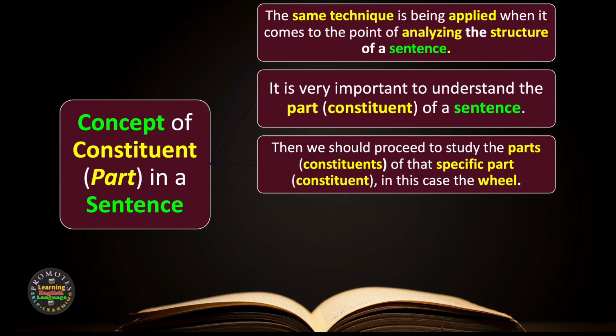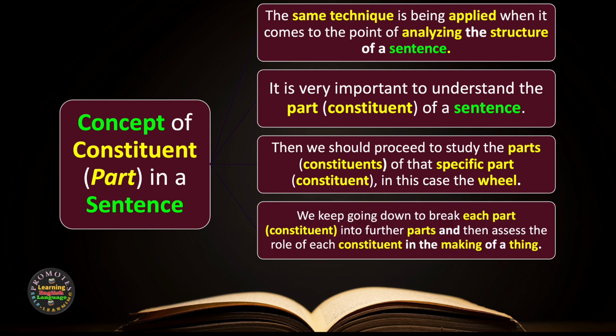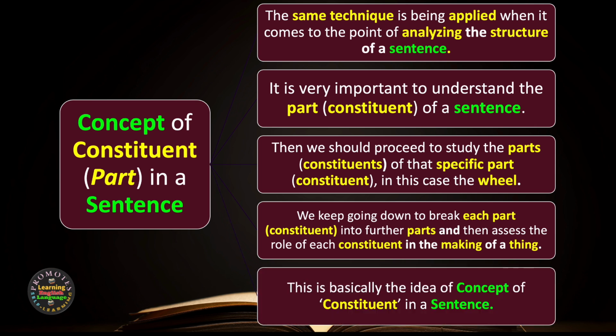Then we should proceed to study the parts, constituents of that specific part constituent, in this case the wheel. We keep going down to break each part constituent into further parts and then assess the role of each constituent in the making of a thing. This is basically the idea of the concept of constituent in a sentence.